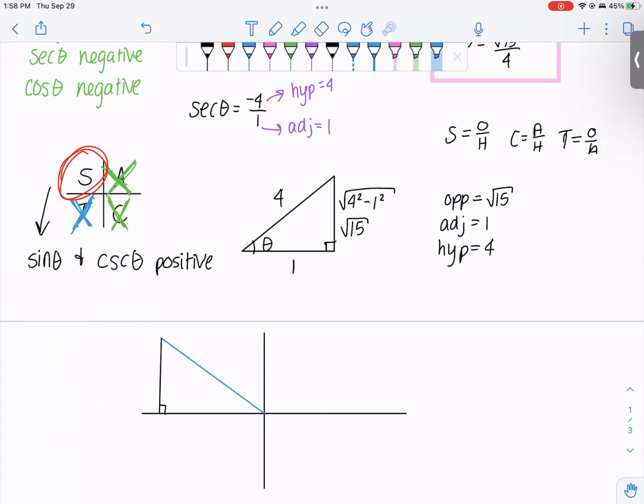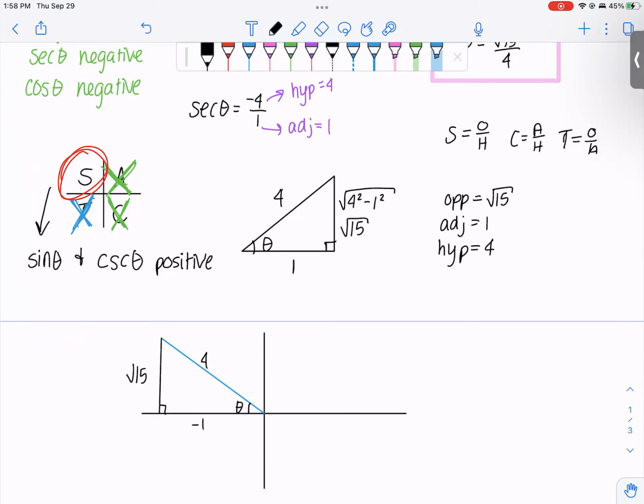Because the x values are negative here and the y values are positive, I'm going to make this side a negative and this side a positive, and then we always make the hypotenuse positive. So we would say the hypotenuse is positive 4. We would say that the adjacent is negative 1. And then you would solve for this and get square root 15.